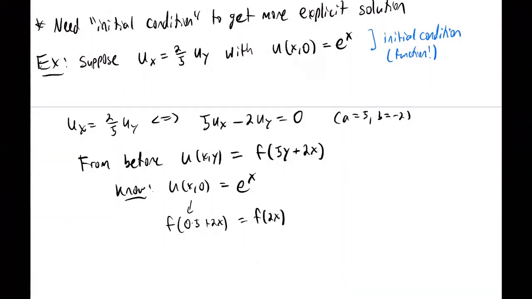Taking these two bits of information together, f of 2x has to equal e to the x. And therefore, what was my function f? My function f has to be e to the x over 2.